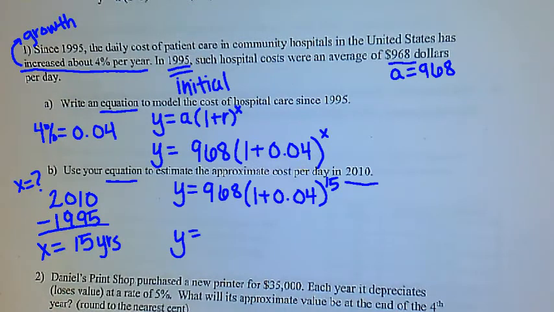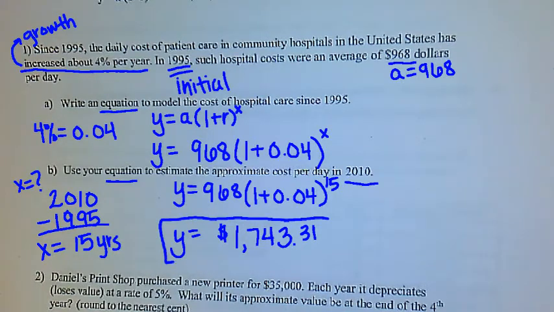After I put this in, I get about $1,743.31. Pay attention to what we're talking about. We're talking about money, so you're always going to round to the nearest hundredth. And there's the answer for number 1.